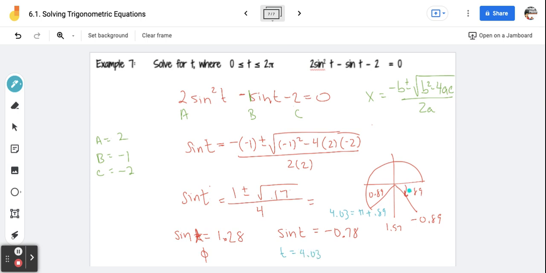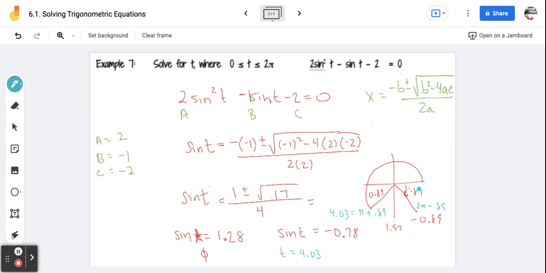Now, instead of saying negative 0.89 in this direction, we want to go this way with it. So this angle in the positive direction would be 2 pi, that's all the way around, minus 0.89. We take all the way around, 2 pi, subtract 0.89 from that, and it gives us from here to here.